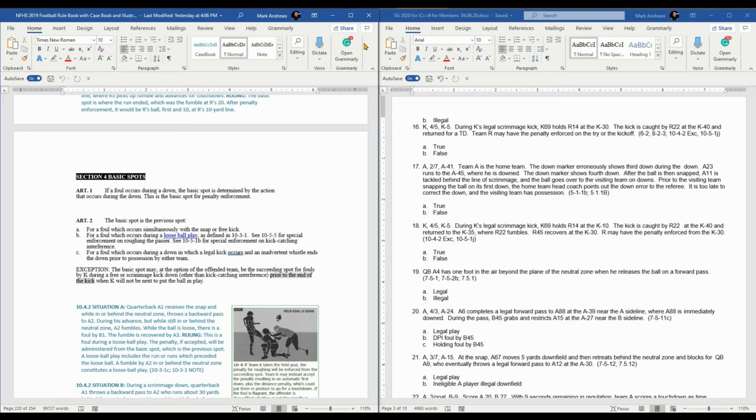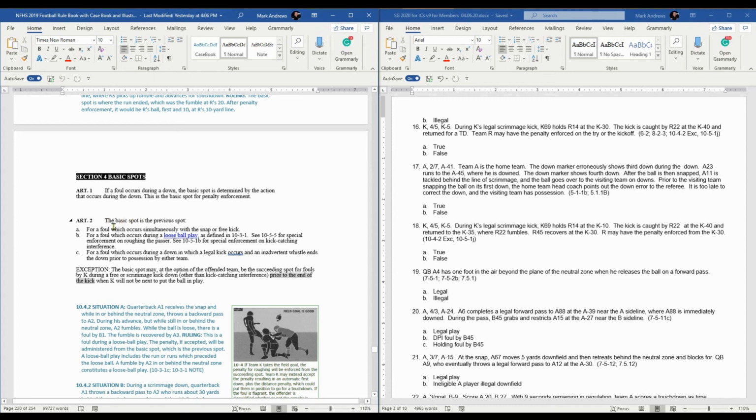Now, this gets deeply into enforcement spots. And basically, we have two types of plays. We have running plays and we have loose ball plays. So the enforcement spot is also referred to as the basic spot.